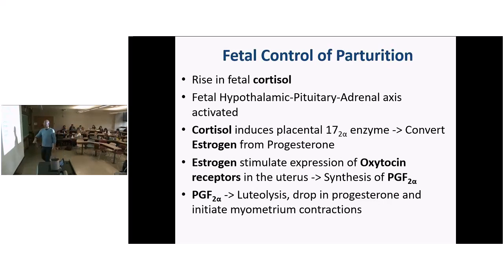This prostaglandin goes to the ovary and kills the corpus luteum, so you have zero progesterone source. Progesterone goes down, and you get a double effect: progesterone was keeping the uterine muscles quiet, but now it's gone.